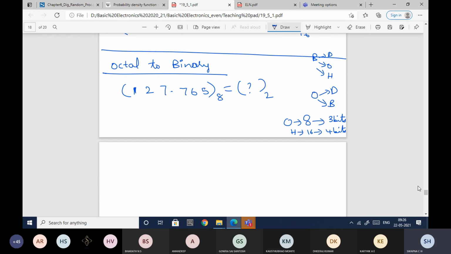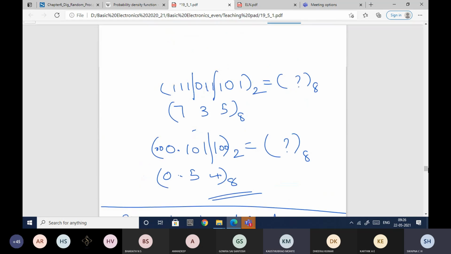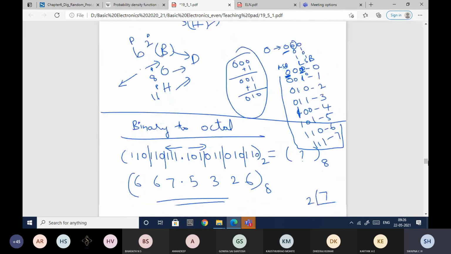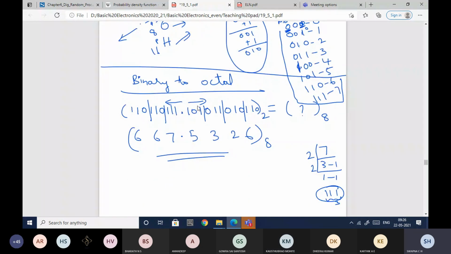Binary to octal, what we did? We have grouped. Whenever you are converting binary to octal, group 3 bits. Right? That is what we did. You can make a note of this. When we are converting from binary to octal, we have grouped 3 bits. Right?